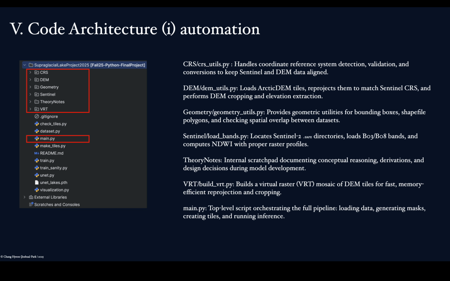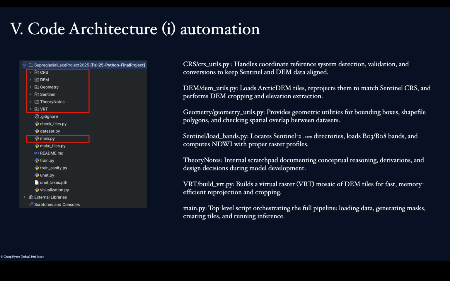Sentinel load bands.py is the actual computational portion, the math portion, where it loads the band, the green and near infrared bands, and computes NDWI with proper raster profiles. And the VRT code builds a virtual raster mosaic of DEM tiles for fast, memory-efficient reprojecting and cropping.